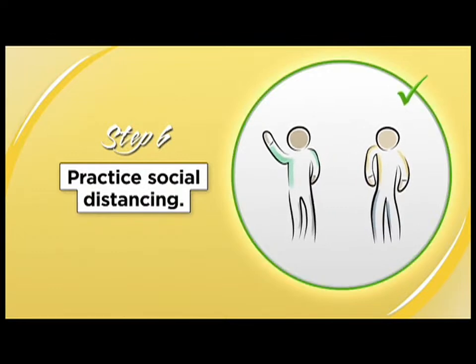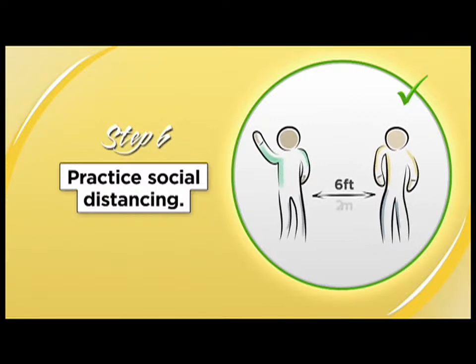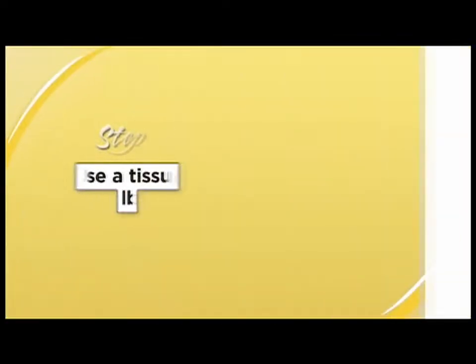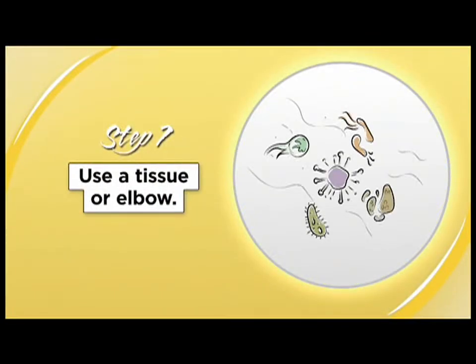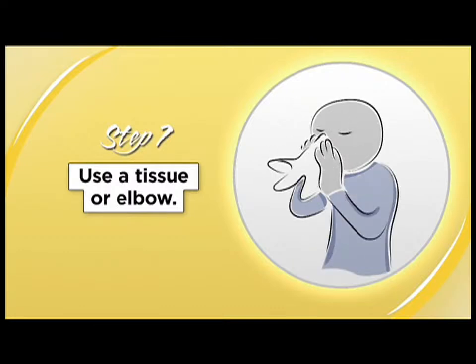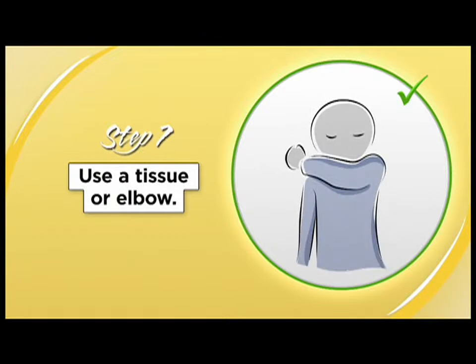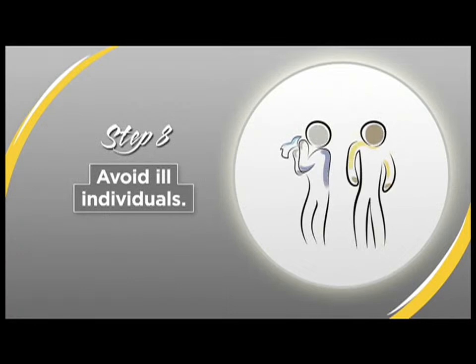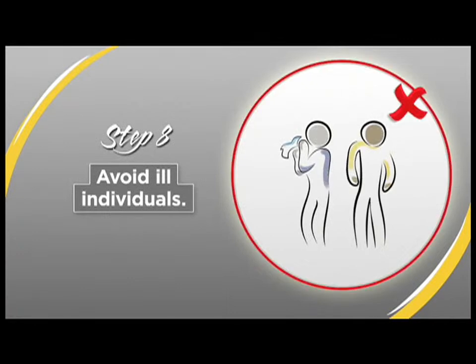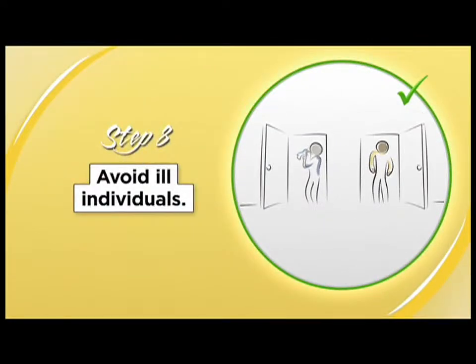While regulations may vary by country or area, the best guideline for social distancing is to maintain a distance of 6 feet from others. Germs can travel through the air from one person to another. If you sneeze or cough, do so into a tissue or the inside of your elbow to prevent the spread of germs. Avoid contact with ill individuals and insist they isolate themselves until they have recovered and are symptom-free.